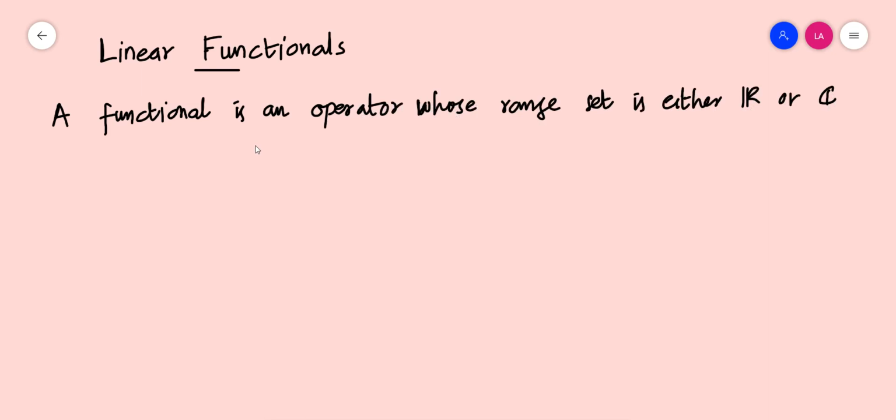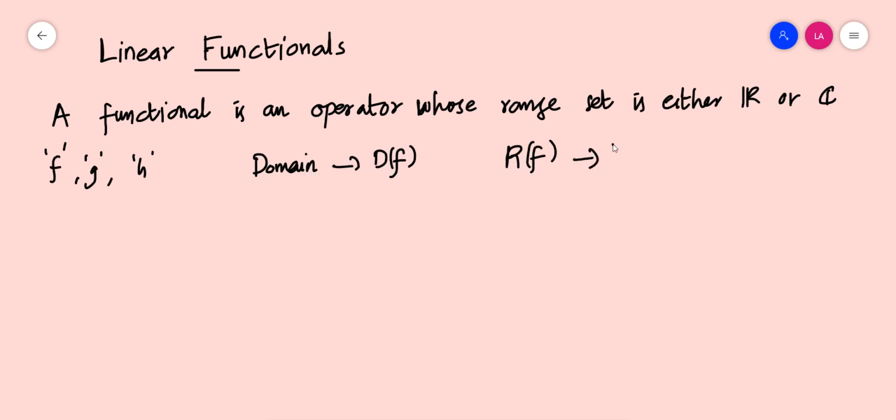So a functional is a function from an arbitrary space onto the set of all real numbers or the set of all complex numbers. Usually we use small letters f, g, h to represent a functional, and its domain is denoted by D(f) and its range by R(f). These are important symbolic notations which we are going to use throughout this section.